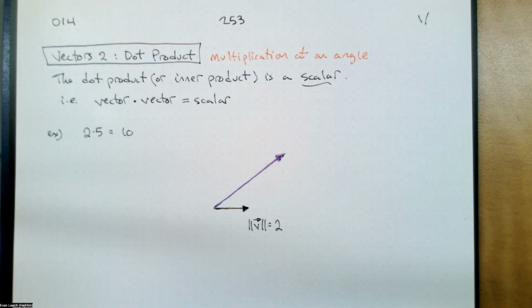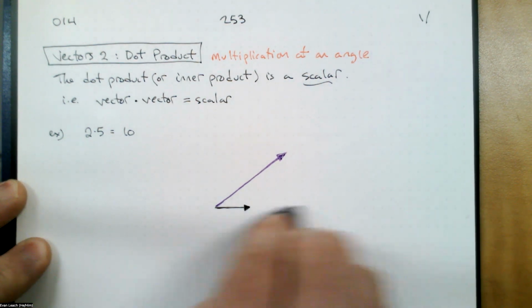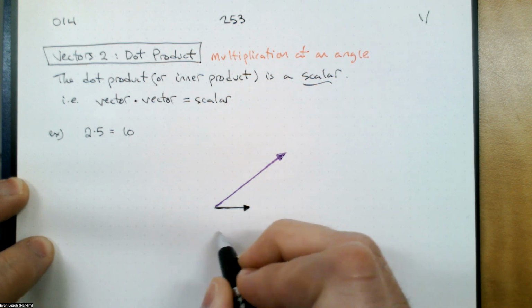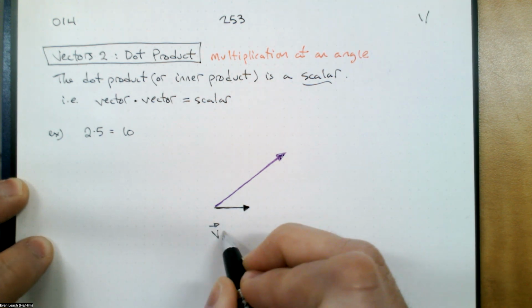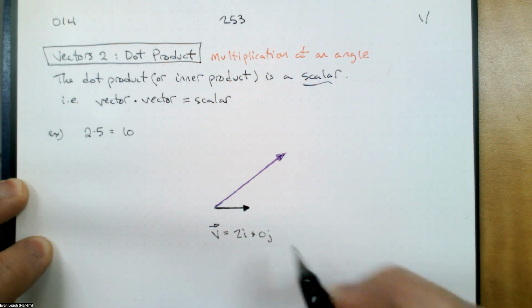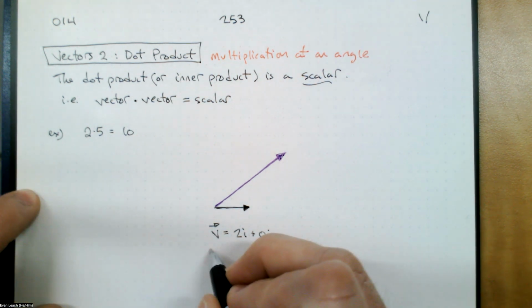I'm going to name these vectors. It's going to come up later. So here's my vector v, which is 2i plus 0j. The magnitude of v is 2.